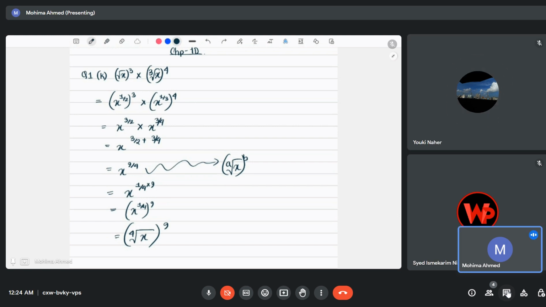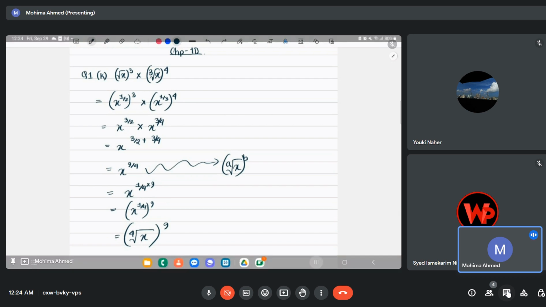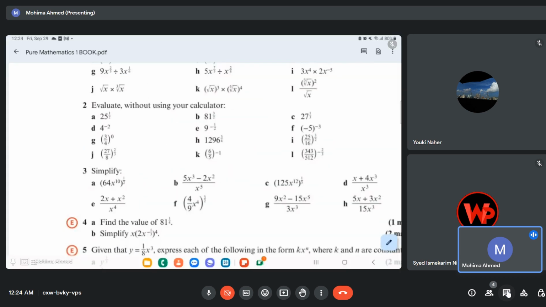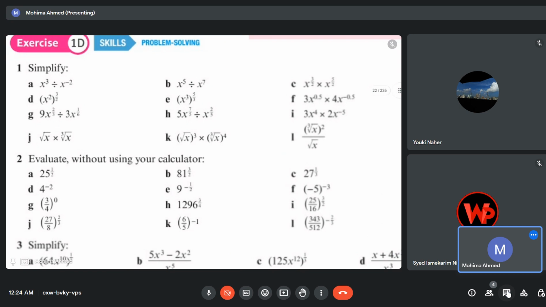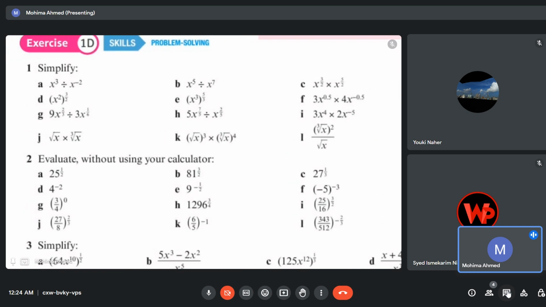Okay, so we move to another maths which was tricky for question 1, L. Can you both try to do question 1L for me? Cube root of x squared divided by root x.